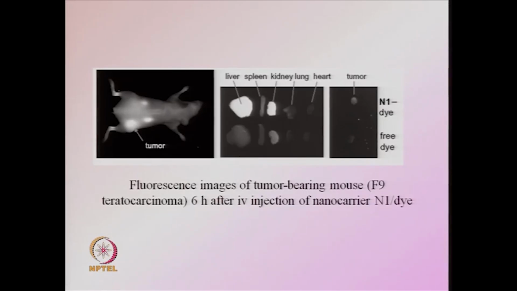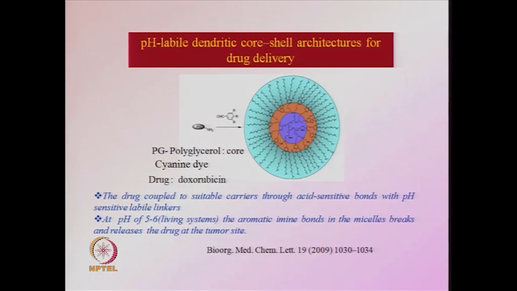So, this is an application where the pH change has brought about the release of the drug. So, this is a pH sensitive nano carrier which has been designed in combination with 2 molecules, generating a bond which will break in the presence of conditions which are present in the tumor cell. Okay.